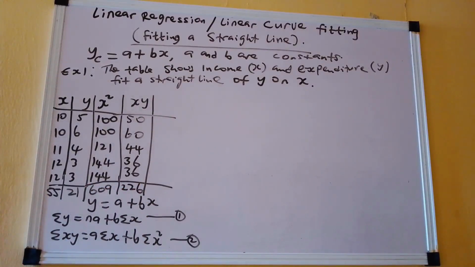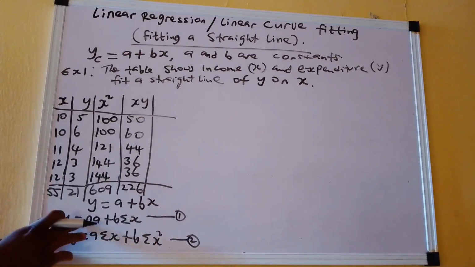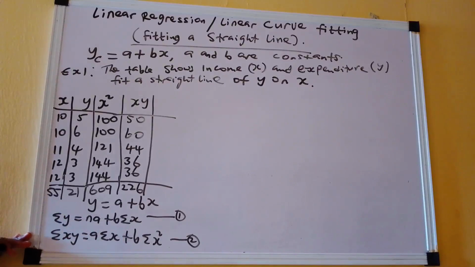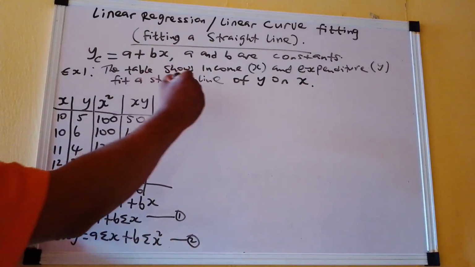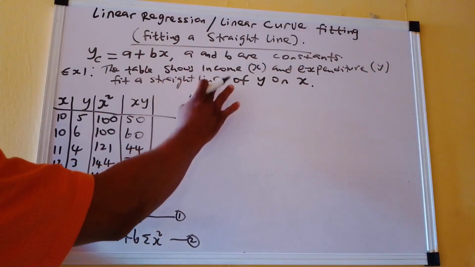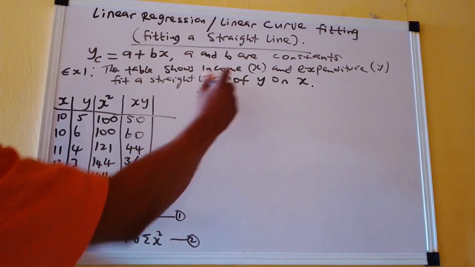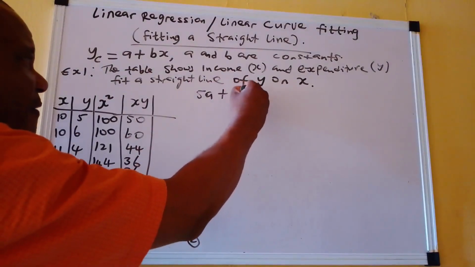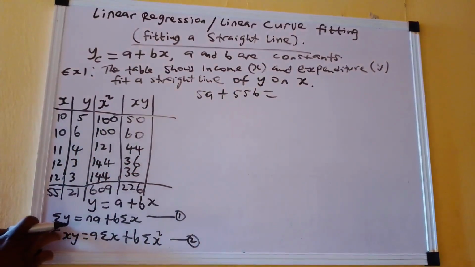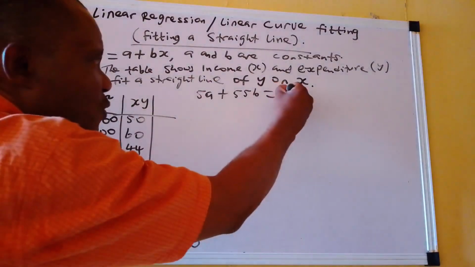So you can see how we have been able, from the normal equations, to create a table. Now this simply means that these normal equations will now become, look at it, we start from here, our NA, this will be 5A plus B summation X, summation X is 55, plus 55B is equal to summation Y. Summation Y is 21.